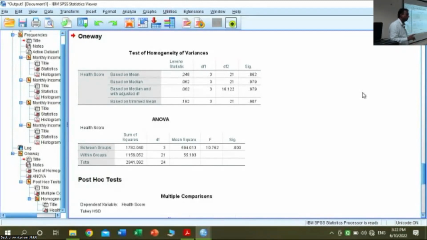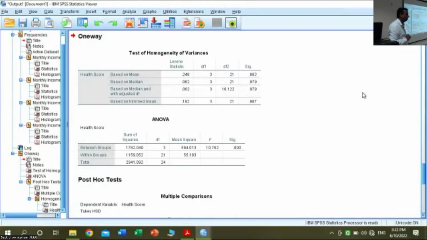In most cases we try to reject the null hypothesis because our question is stated under H1. But here we want to accept the null hypothesis, because under the null hypothesis we stated that all the 4 population variances are same. So first we will check the p-value, based on mean, median, and several statistics.